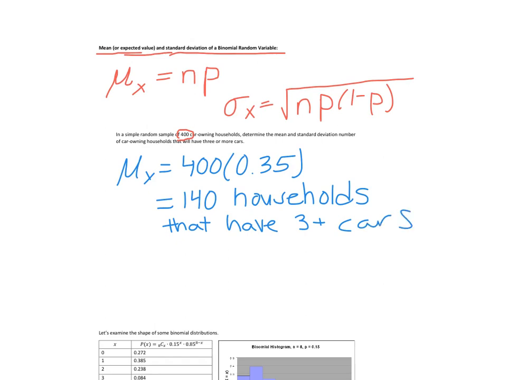All right, and then our standard deviation. Again, we plug in our formula. So we could just plug in 140 times the probability of failure, but I'll start from scratch.